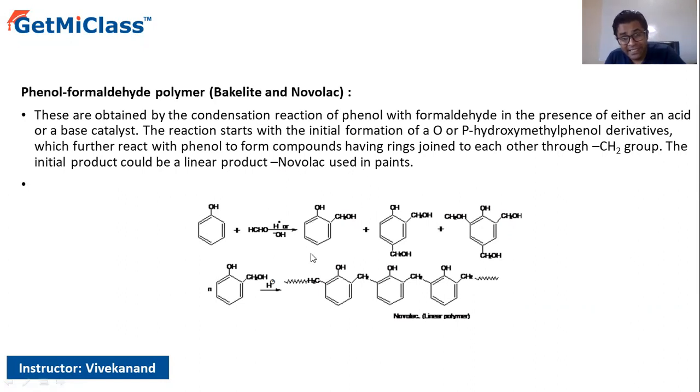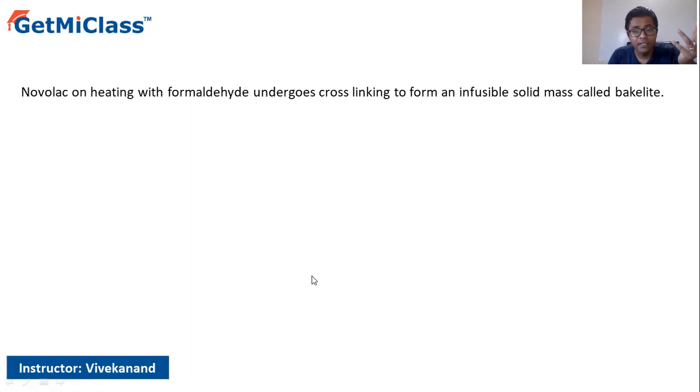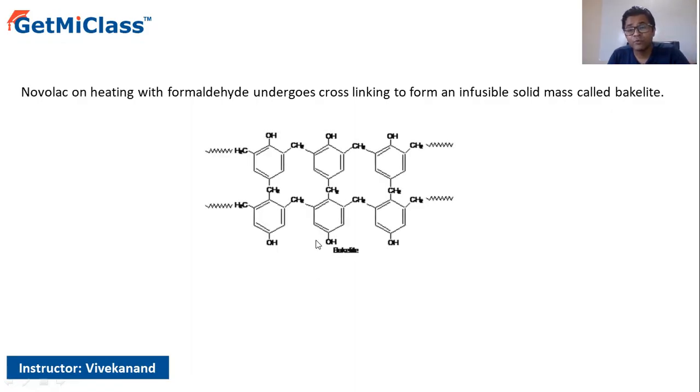Now further, if we heat this novolac, what is going to happen is it will give rise to an unfusible mass, because of the extensive cross-linkings, and this is how it looks like. So this is about the bakelite. Now, bakelite can be obtained in 2 different ways.